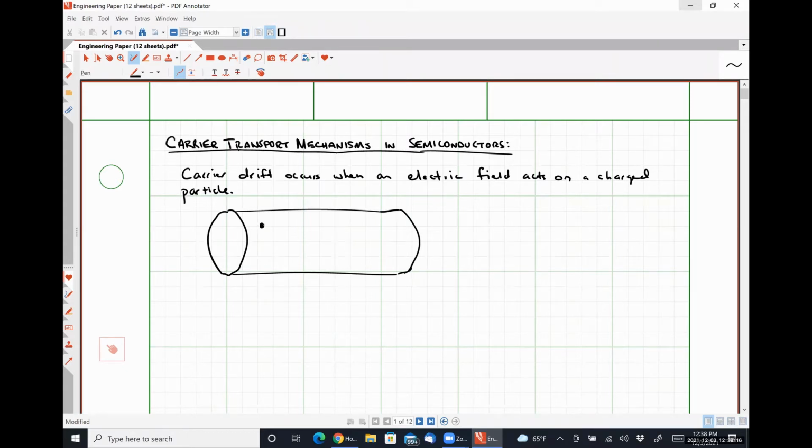So if this wire is made of metal, it should have just an absolute crazy amount of free electrons available for conduction, regardless of temperature.